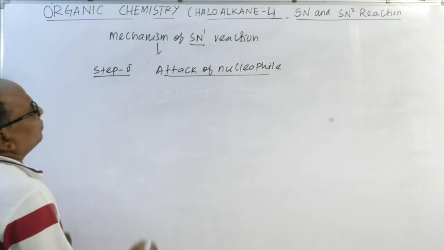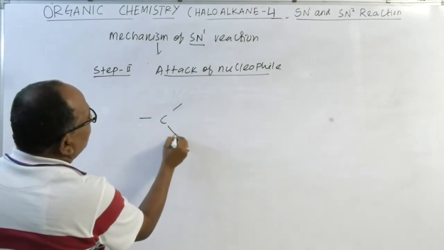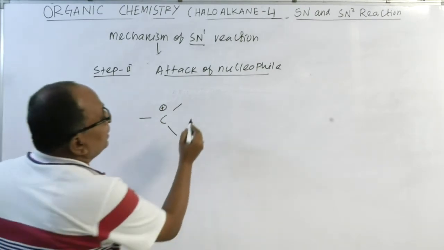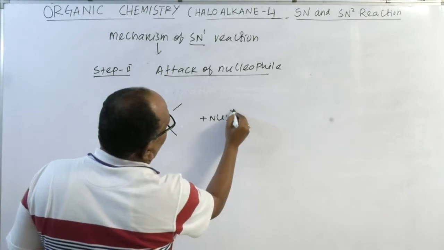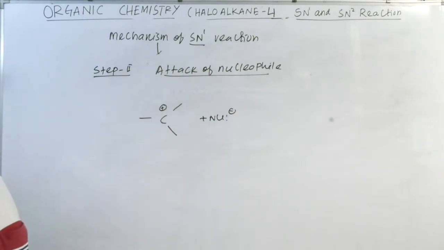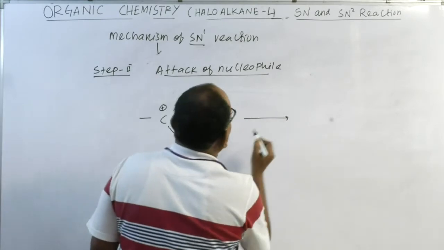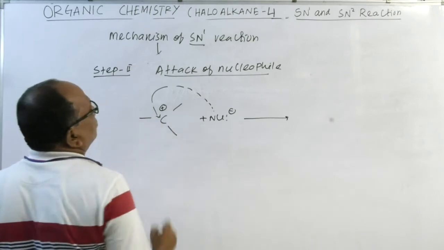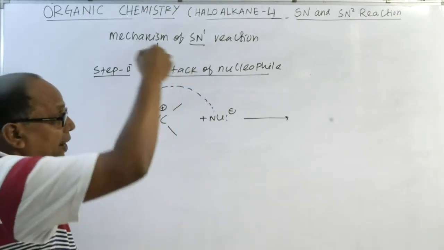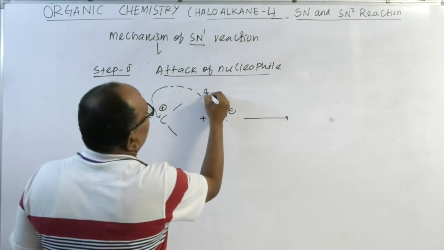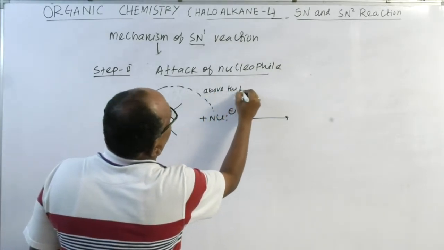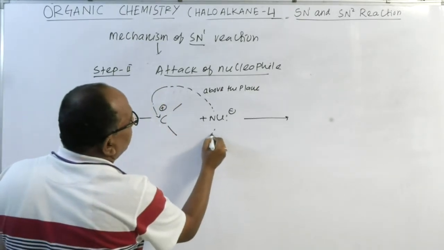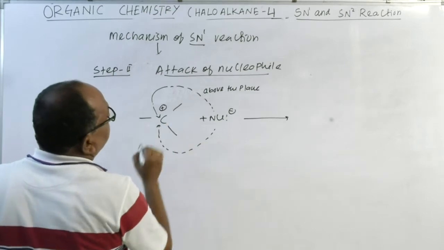After the formation of the carbonium ion, which is a trigonal planar structure, the nucleophile, which is stronger than the halide ion, will attack this positive carbon atom either above the plane, which is called attack above the plane, or it may attack below the plane.